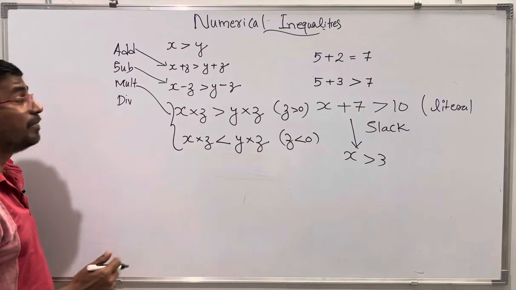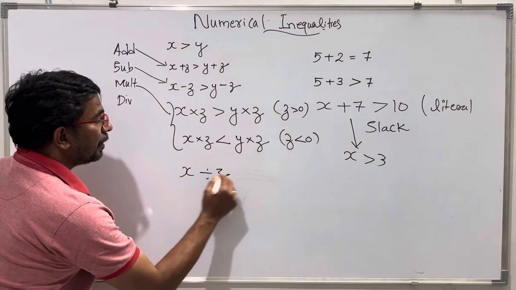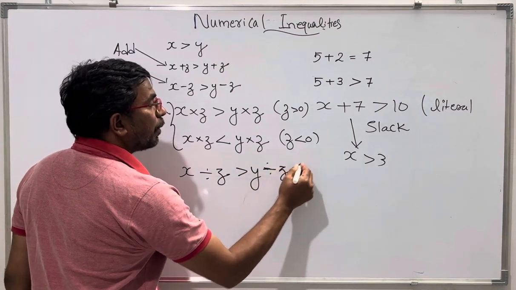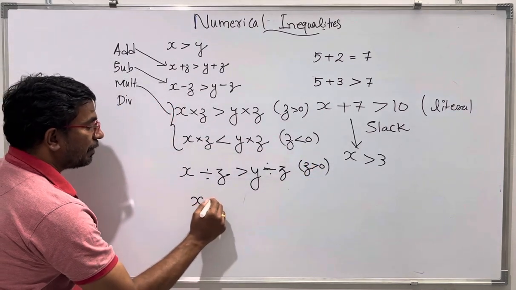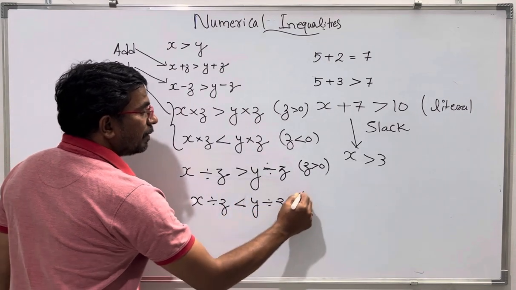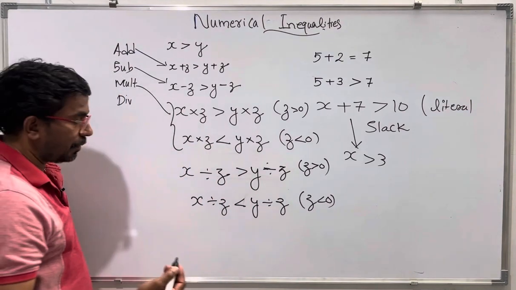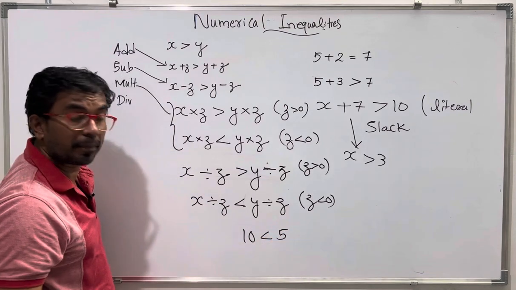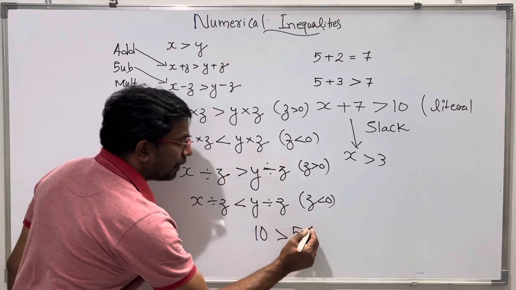Now what about division? Division also I need to explain like this. x divided by z will be greater than y divided by z provided z is greater than 0, or positive. x divided by z is less than y divided by z if z is less than 0, if it is negative. See an example: 10 is greater than 5.